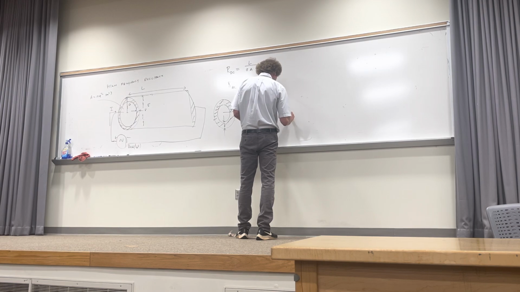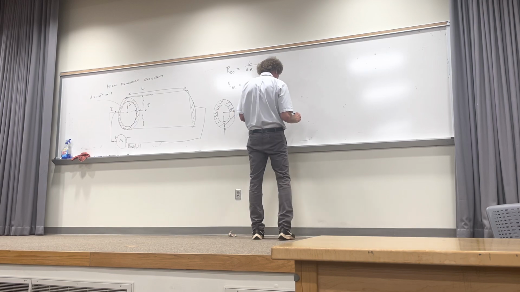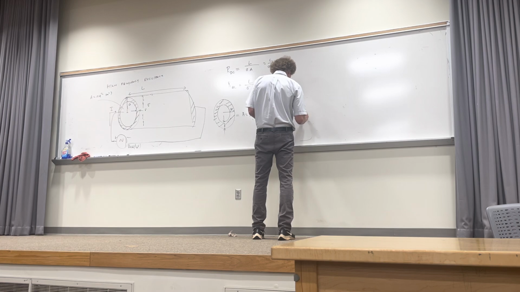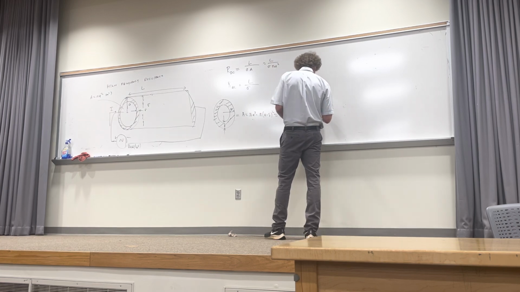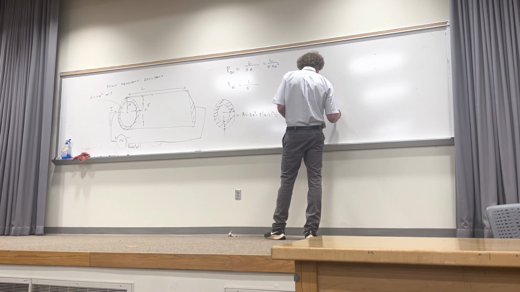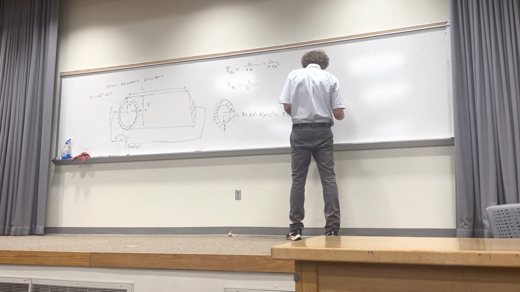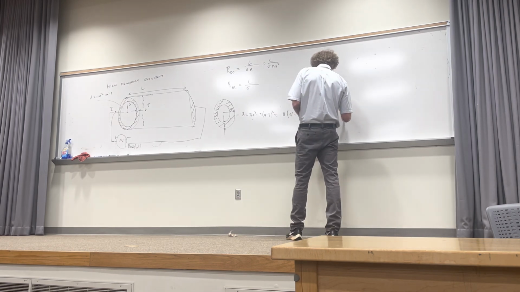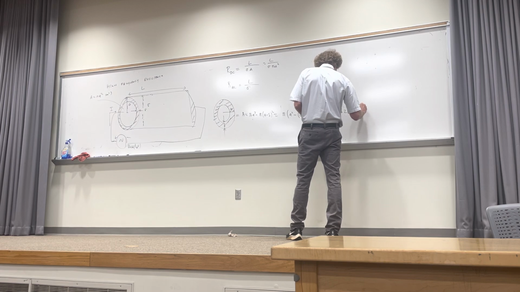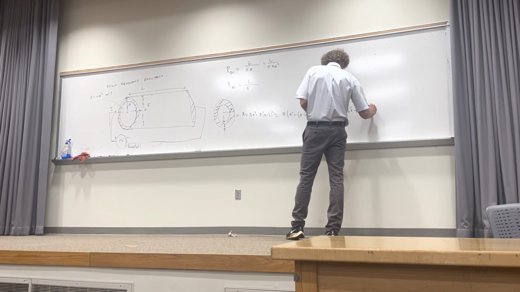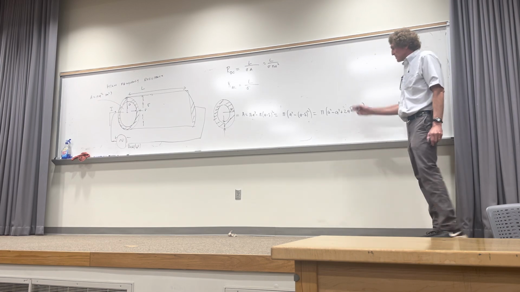And then I have quantity A squared minus A minus delta squared, and that's going to be pi, and then you get A squared minus A squared plus 2A delta, and then minus delta squared. I'm just expanding this.